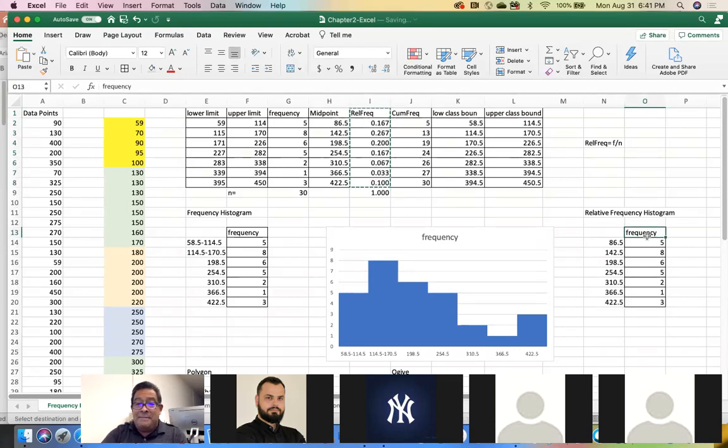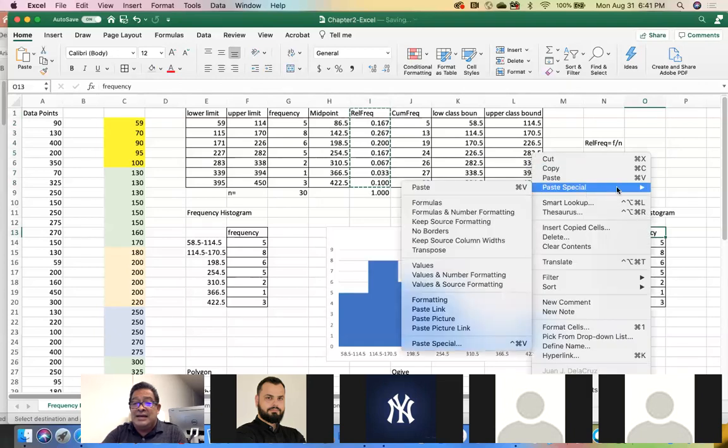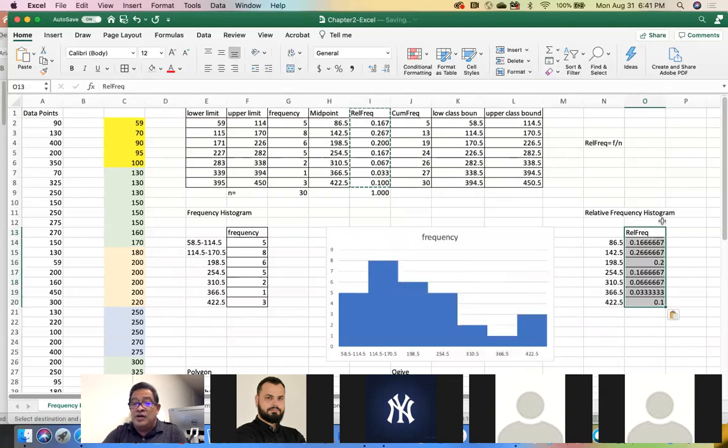So I'm going to use copy. I am going to paste special because remember these numbers are values, so I want to paste the values. I'm going to decrease the number of decimals. I don't like to have so many, they can make me crazy. So I'm going to create a frequency using the relative frequency.